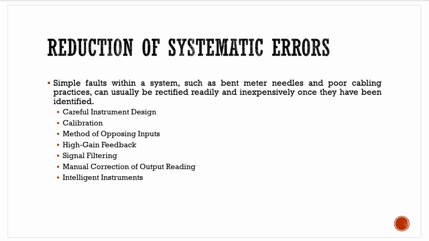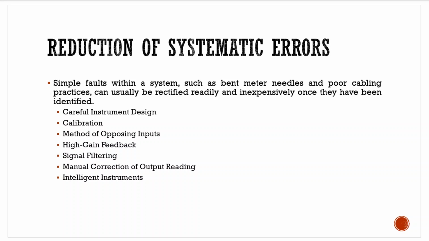There can be, as I suggested, errors because of bent needle. ठीक है, ऐसे errors को निकाल पाना easy है. Simply make the correction in these devices. Bent जो needle है आपकी उसको correct कर दो. जो आपकी cabling poor होगी, make have a proper cabling, fine.